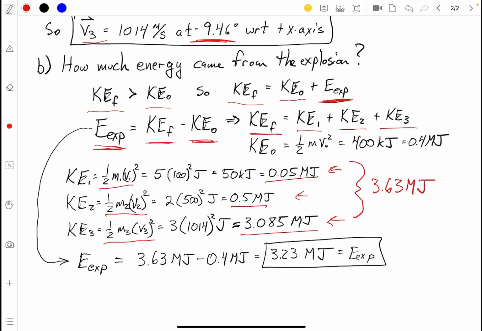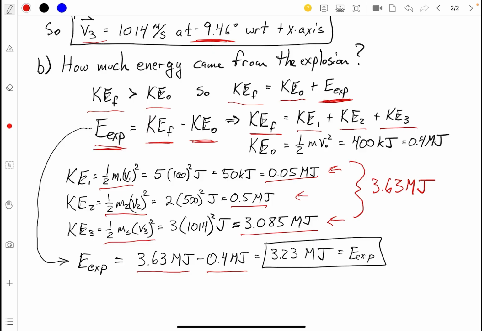megajoules. What is a megajoule? That's a million joules. So 3.63 times 10 to the 6 joules minus 0.4 times 10 to the 6 joules.